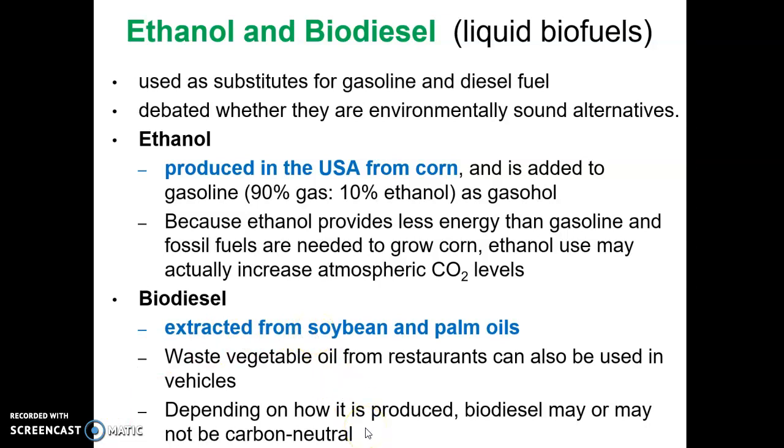Then depending on how it's produced, it may or may not be carbon neutral. So again, you have the same problem with the planting, harvesting, and shipping of the soybean product, the biodiesel product, which may result in it producing as much CO2 or more than it would have if we just used plain old diesel.